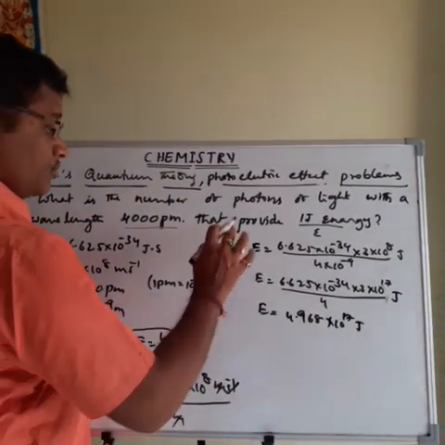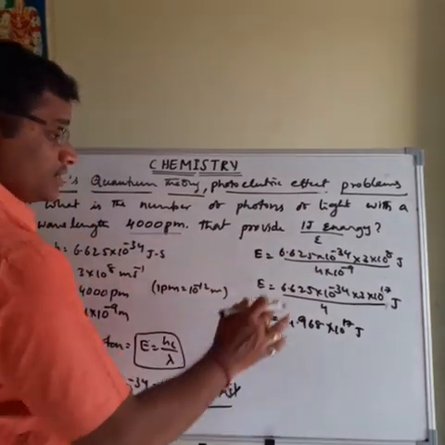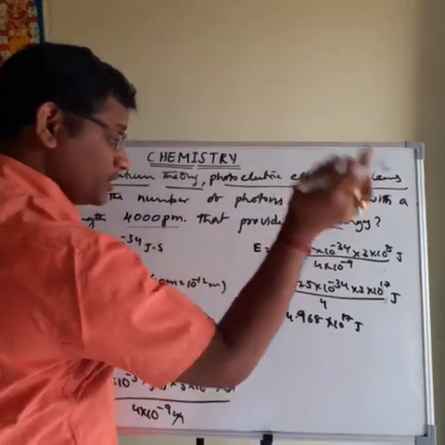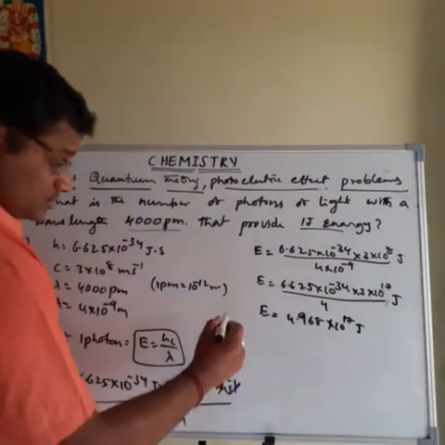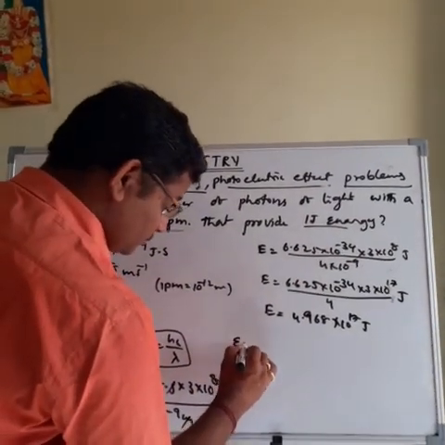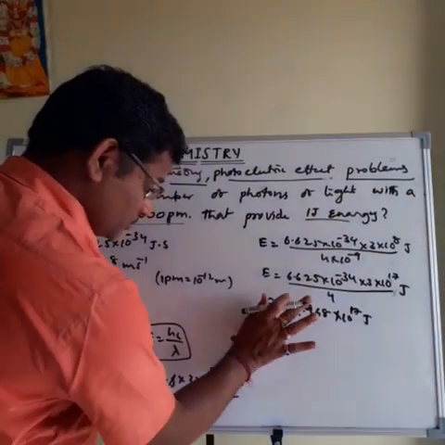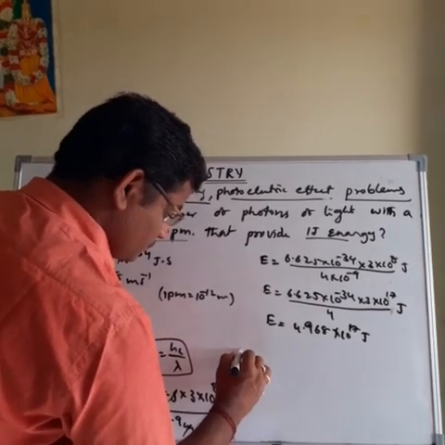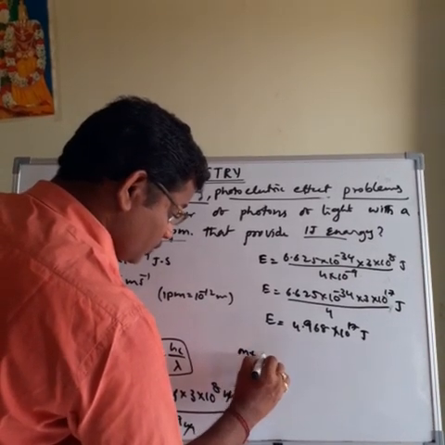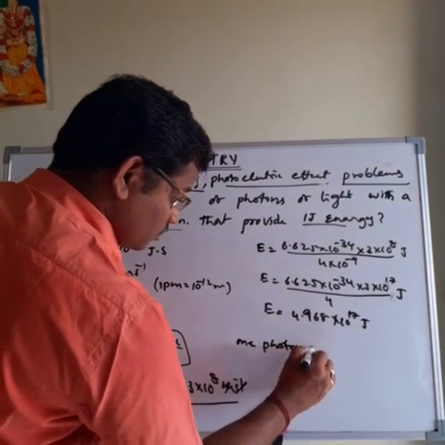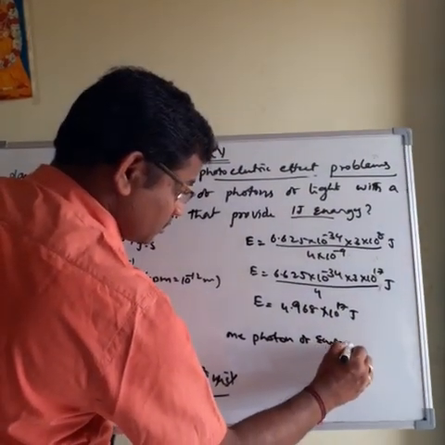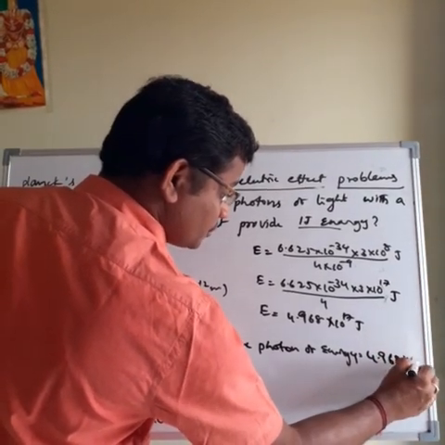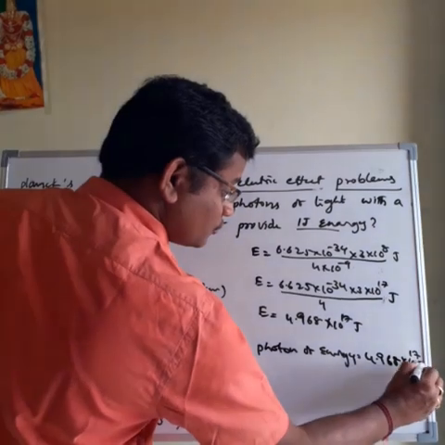But the question says they provide 1 joule of energy. This is the energy of one photon, but in this 1 joule, how many photons are provided? That is the concept. See here, the energy of one photon, E, is equal to 4.968 into 10 power 17 joule.